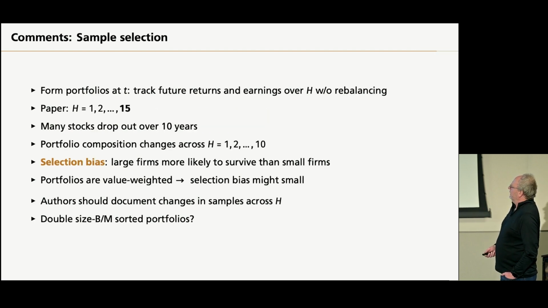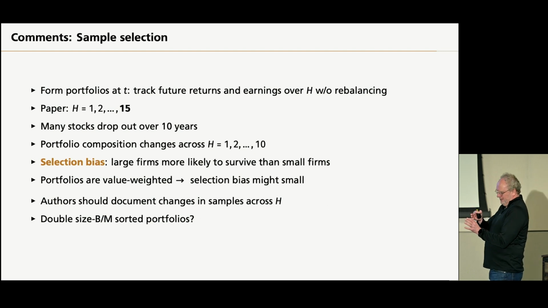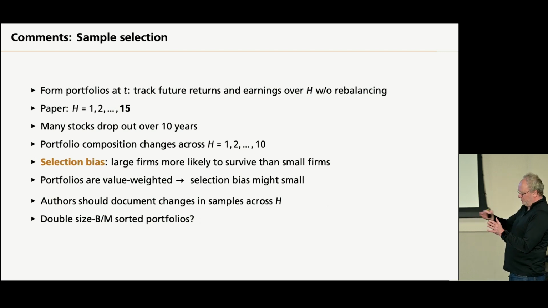One issue with this methodology is that you can't rebalance the portfolio; you have to track the firms. When you have very long horizons, you lose a lot of firms that drop out. So the coefficients across different horizons are based on different firms in the portfolios.